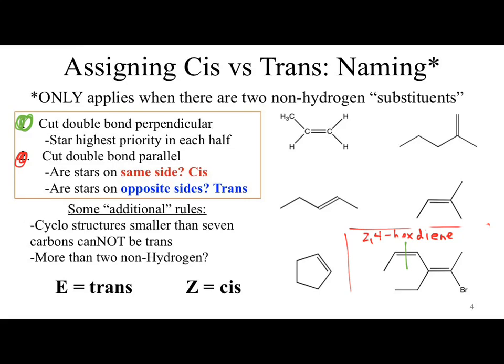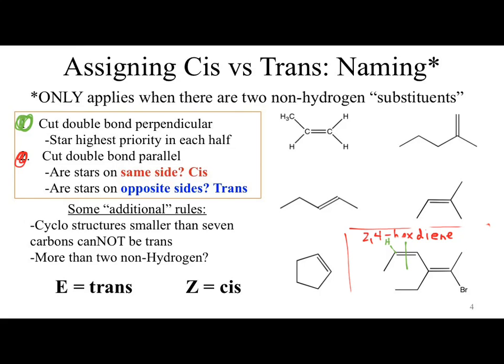I guess there's a couple different answers you can give me here. What's the lowest number you could give me? Less than 4, greater than 0. 2. Why is it 2? Don't forget the hydrogen.